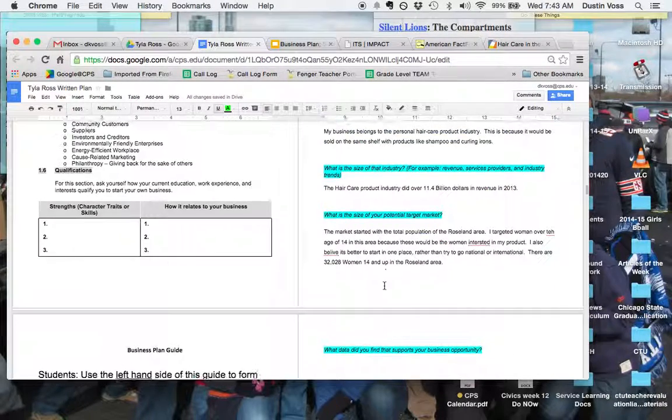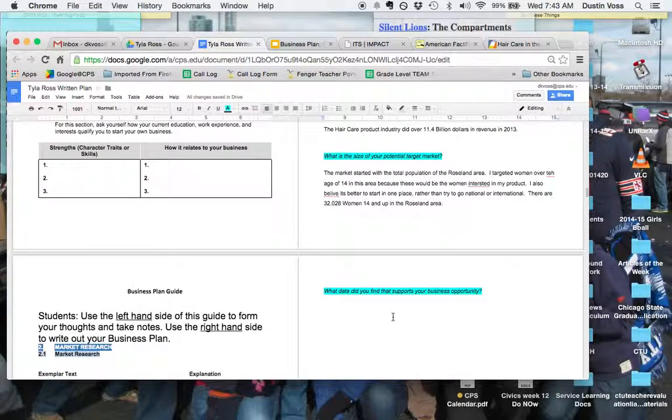Now, that survey data, you can do a Google survey, and I have a sheet for you if you want to do it that way. However, I'm telling you that the easiest way to do this is to simply ask. So Tyla would go find 10 females and would simply ask them a question like, would you pay money for a neck guard to use when you're using a curling iron? Yes or no?